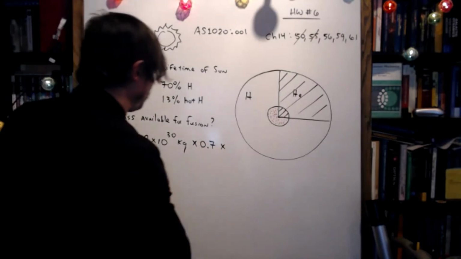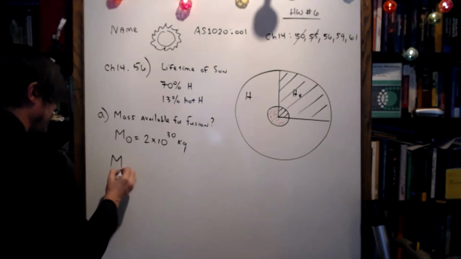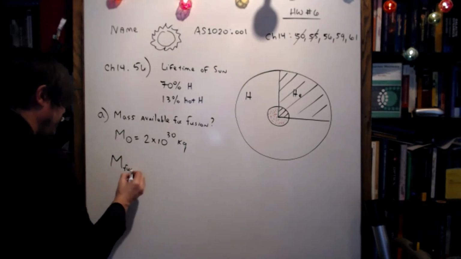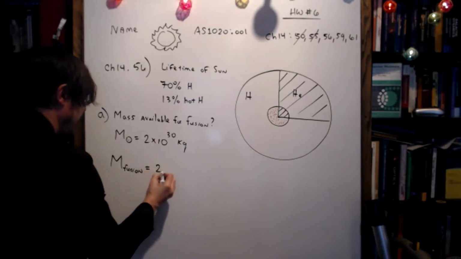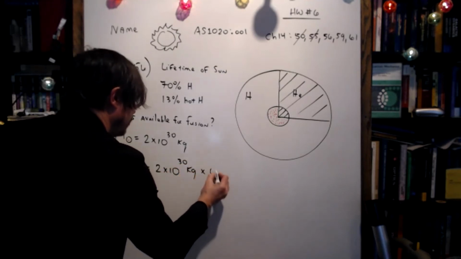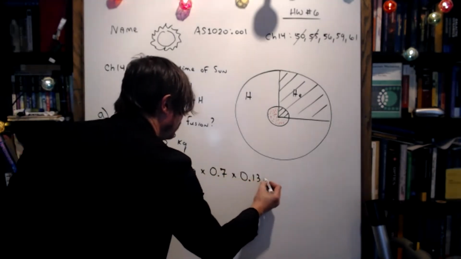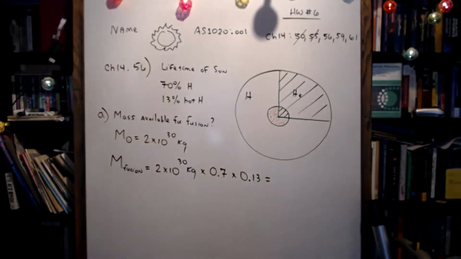Actually, let's set this up better. The mass of the sun is 2 times 10 to the 30 kilograms. The mass available for fusion is 2 times 10 to the 30 kilograms times 70% times 13%. Go ahead and get that for me, guys.